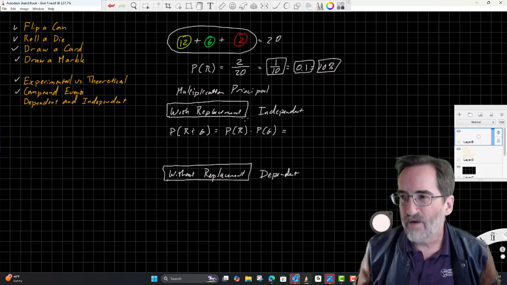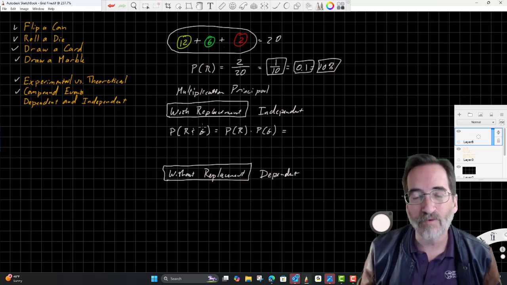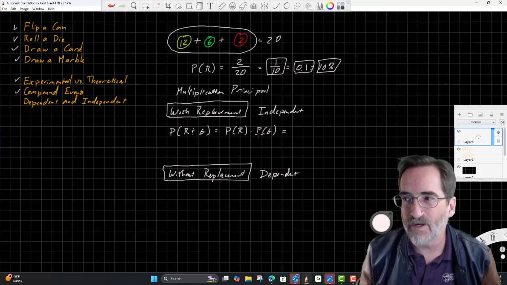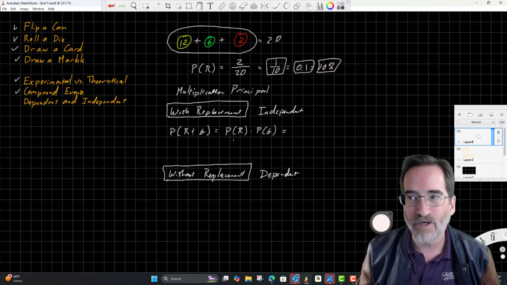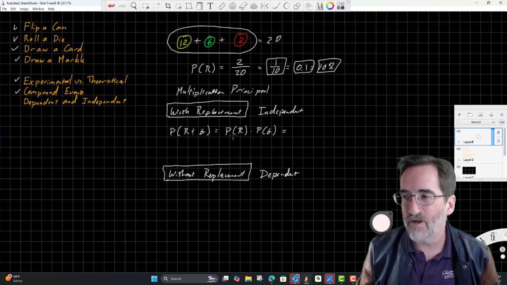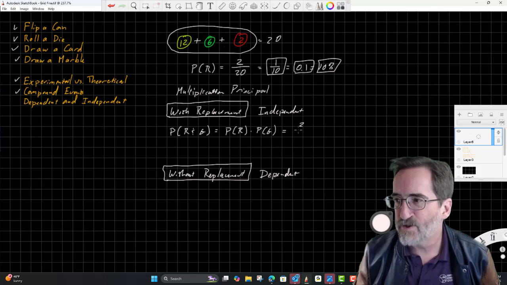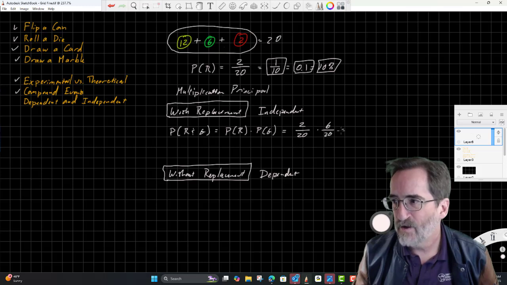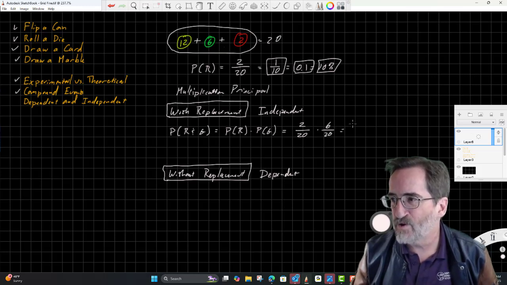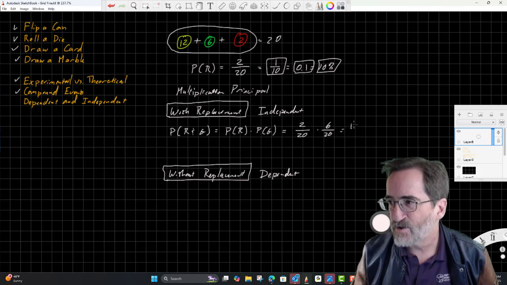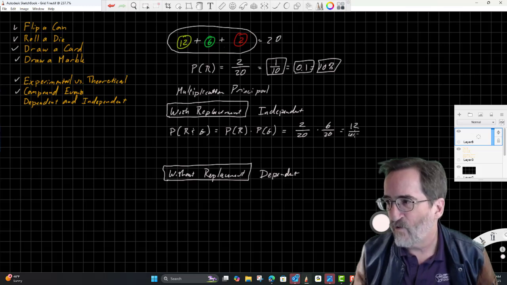Because I put the marble back with replacement, the probability of green is not any different than it would have been had I drawn a blue or a yellow or anything else. So the probability of drawing a red is 2 out of 20. The probability of drawing a green is 6 out of 20. And 2 times 6 is 12 out of 400.